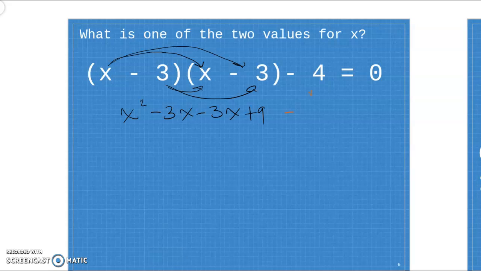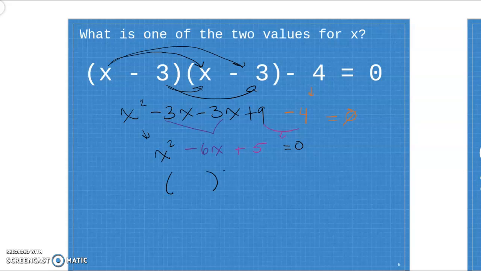And I'll bring down my -4. So what I'm going to do here is combine any like terms. I have two sets of -3x, which is going to give me a -6x, because -3 plus -3 gives me -6. And I can also combine 9 minus 4 to give me 5.